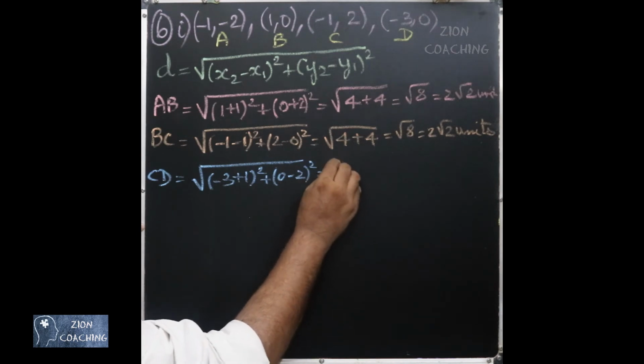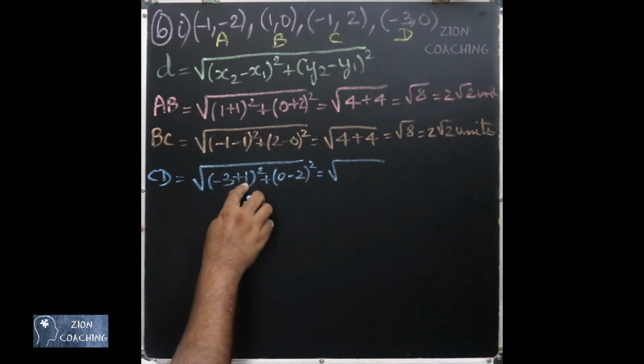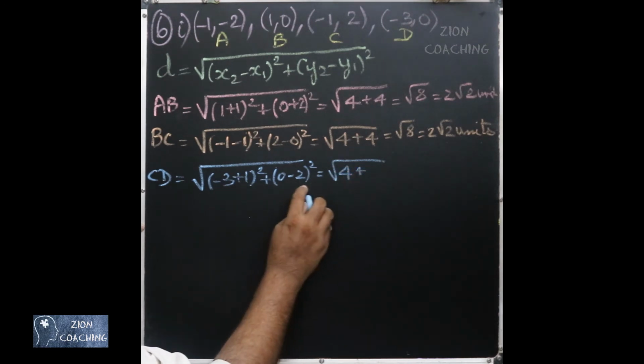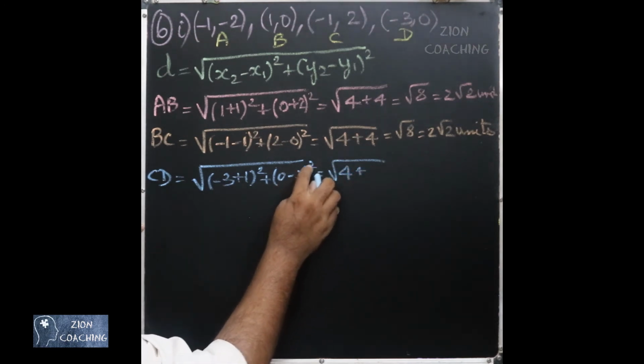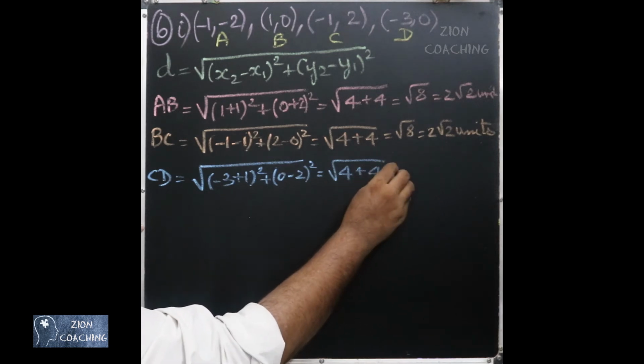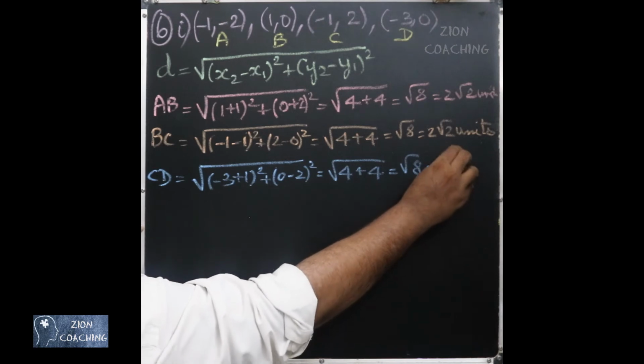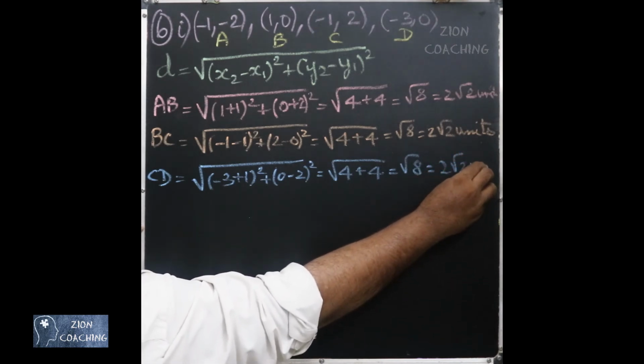Minus 3 plus 1 is minus 2, minus 2 the whole square is 4, plus 0 minus 2 is minus 2, minus 2 the whole square is 4. So that is root 8, which is 2 root 2 units.